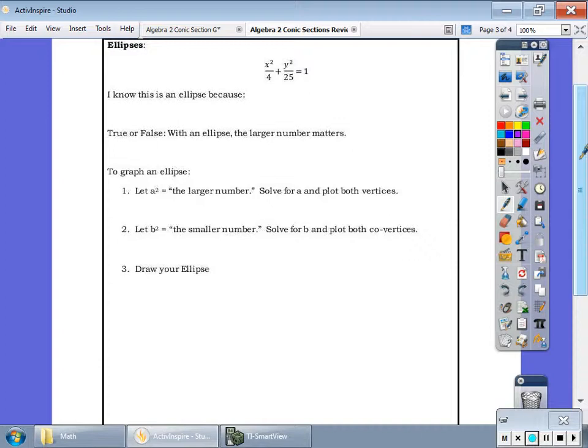Ellipses. I know this is an ellipse, x squared over 4 plus y squared over 25 equals 1, because definitely addition. That's important, so I'm going to write that down. Addition. What else? Different denominators.